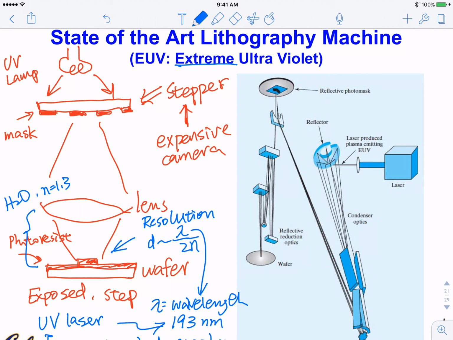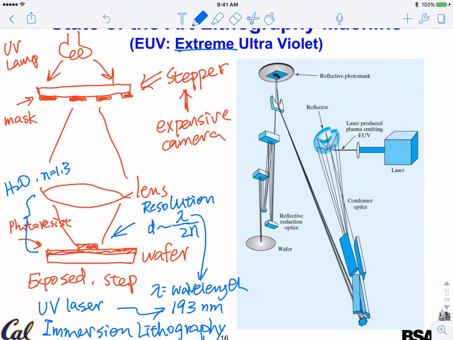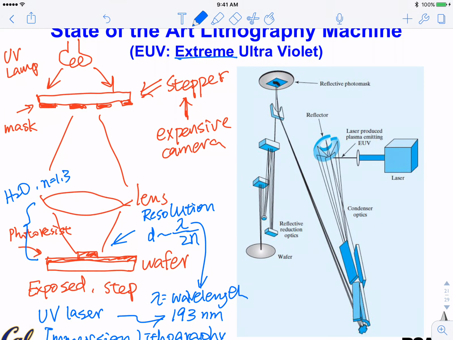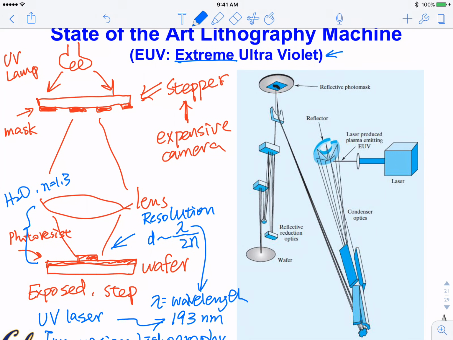The visible spectrum goes from 350 nanometer to about 750 nanometer, depending on the sensitivity of your eyes. Some people can see a little bit redder than other people. On the short side, 400 nanometer probably is the cutoff, beyond which is UV. So 193 is UV. This EUV is really X-ray, what we call soft X-ray.